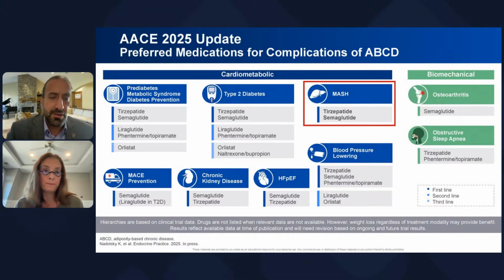Yeah, and I think the key message here is that you might be starting the GLP-1 or the dual agonist to treat diabetes, or maybe you're looking at the CKD aspect of it, but make sure that you are doing a liver assessment, and don't assume that because the patient is on a GLP-1 that the liver is responding in the same way. I've had patients that were started on a GLP-1 with great control of type 2 diabetes, yet liver fibrosis did not show the same benefit.